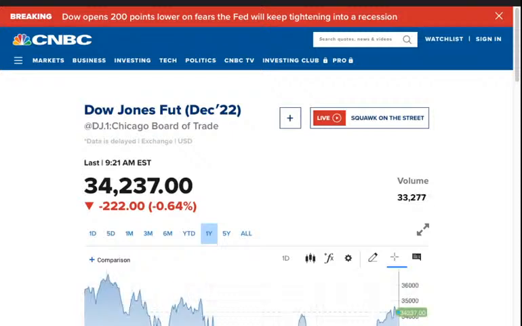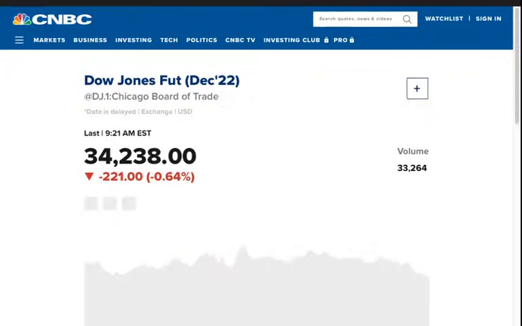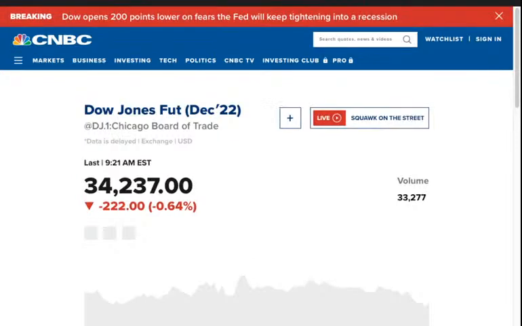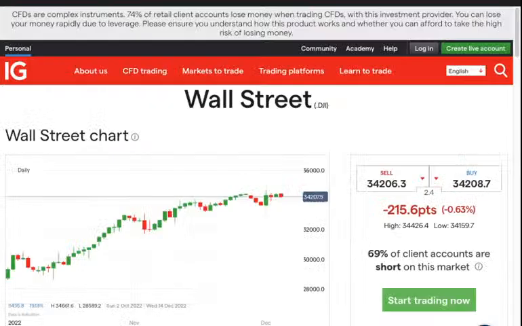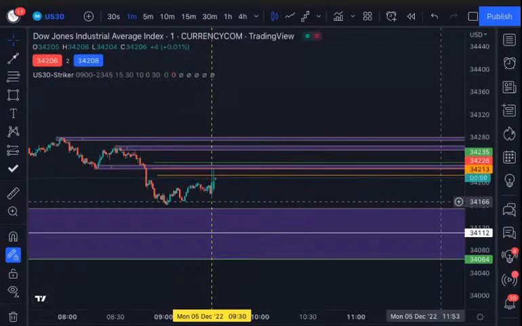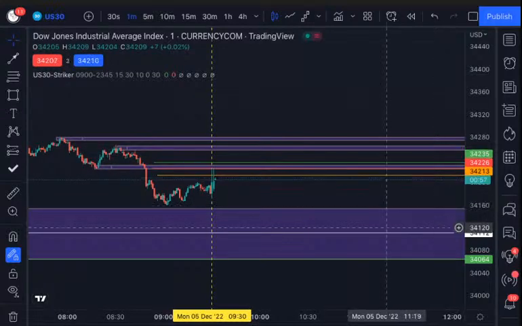Let's refresh the index. It could be shooting down because it's 220 points in the negative. But we could be looking for some temporary short positions and then start swinging up, because I have some resistance right here. Price is already rejecting off of it.